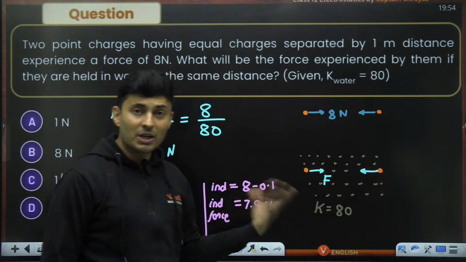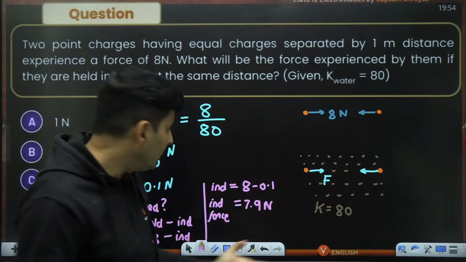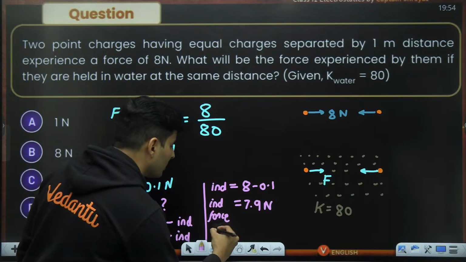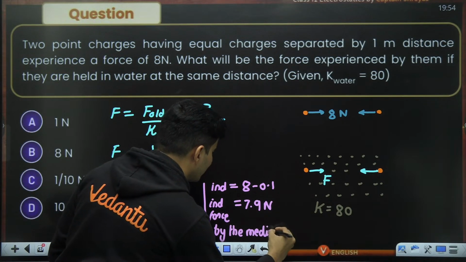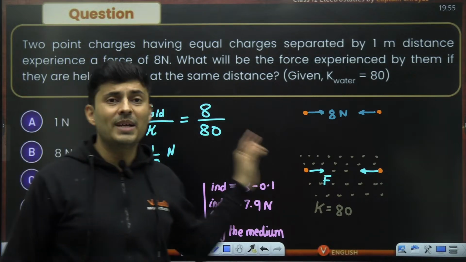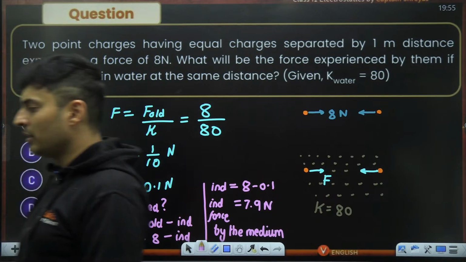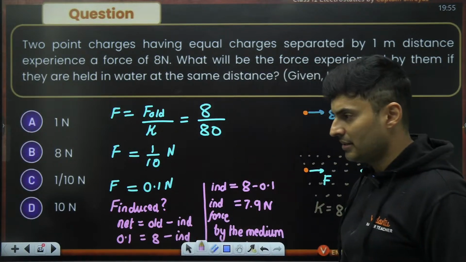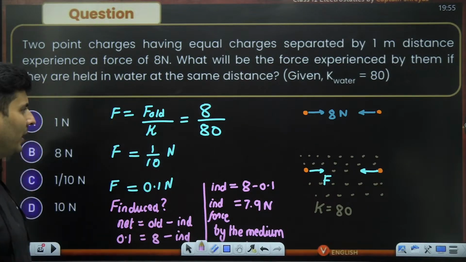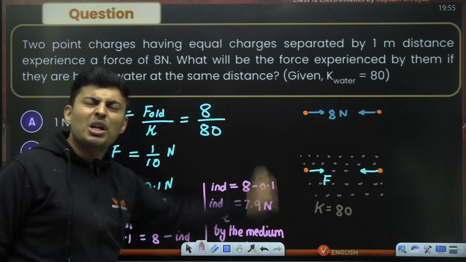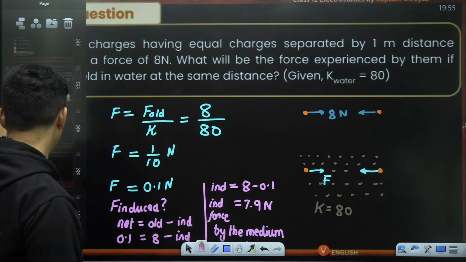So the force reduced because there was another force of 7.9 Newton applied by the medium. Please understand the induced force is by the medium. These questions can also be asked: how much force is being applied by the medium? Then you will calculate this. So the resultant force remaining is very small, 0.1 Newton. The liquid has reduced the force drastically from 8 Newton to 0.1 Newton.